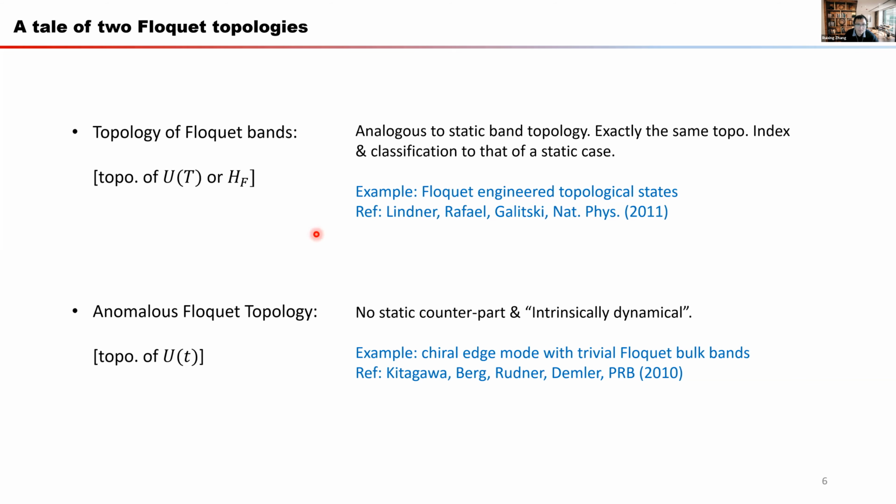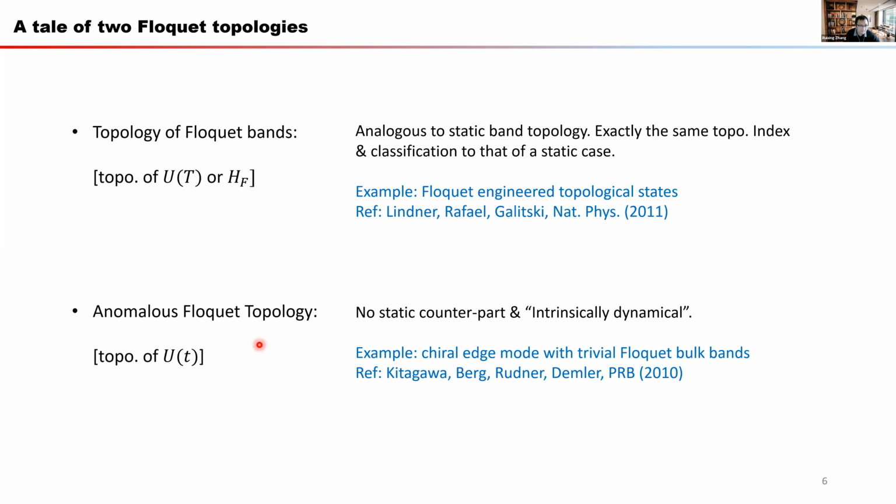Of course, the pioneering work here was done in Maryland, by Victor, about 10 years ago. But in today's talk, I will focus on the second category, which has an additional word, anomalous. In this category, the topology is not for the Floquet bands, but instead for the time evolution unitary, this U of t.